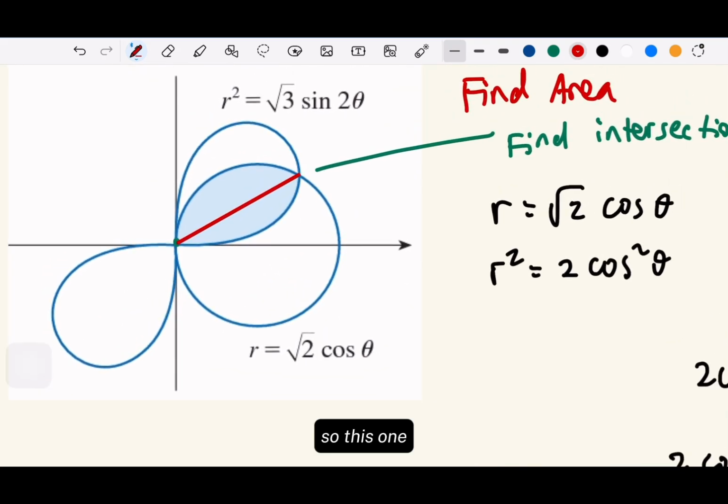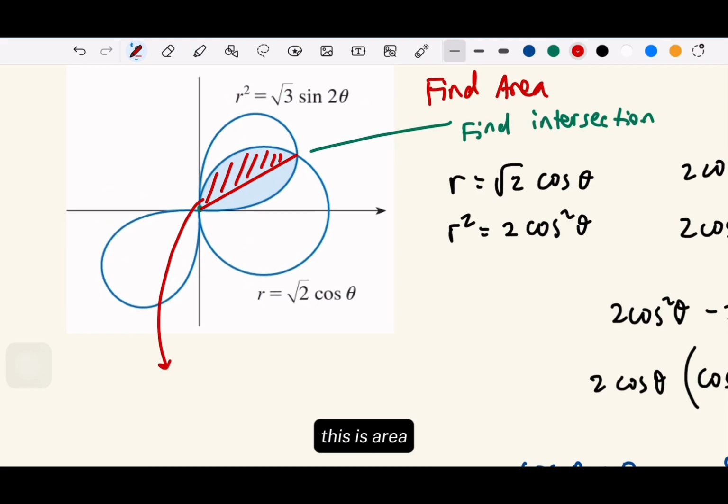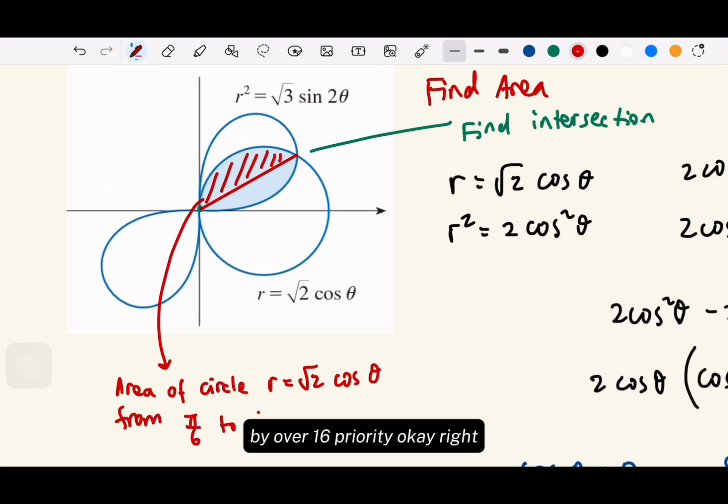So this is the area of circle r from pi over 6 to pi over 2. Okay, right?